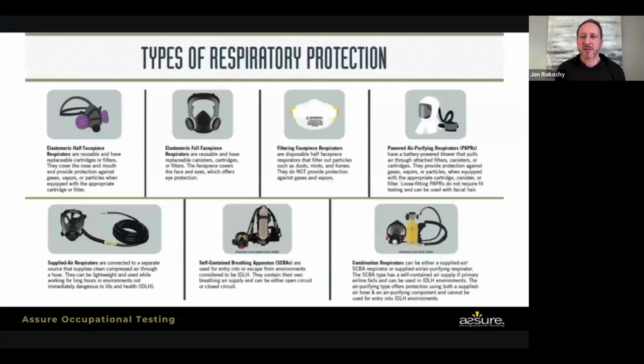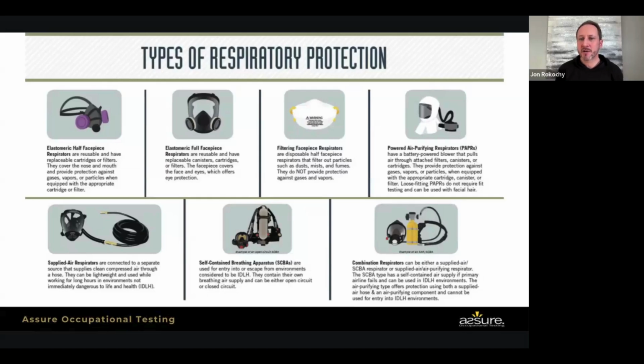I put this graphic up there to illustrate some of the different masks. Starting at the top left is what we would call a half face, just covering nose and mouth. Full face is covering eyes, nose, and mouth, and it can just be with filters. The N95 is the white one to the right of that.